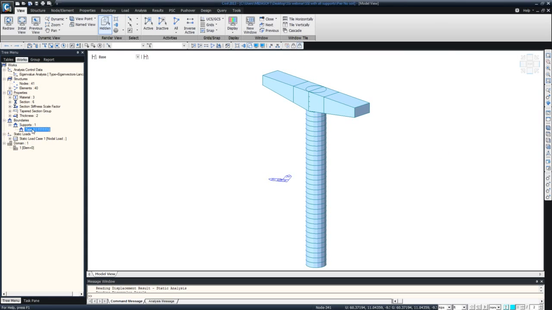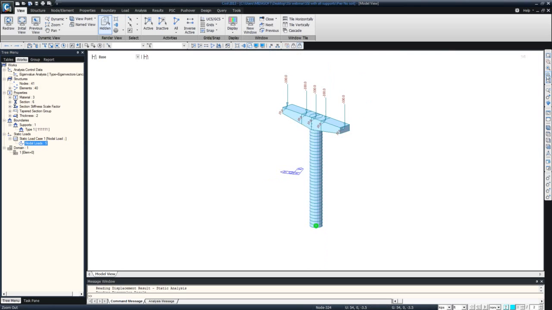And here you can see the supports are applied at the base of the pier. It's a fixed support, and I have applied these nodal loads. So here you can see how the nodal loads are applied, and I have certain gravity loads as well as loads in the global X direction, and we will see how the deformation changes with the soil profile.